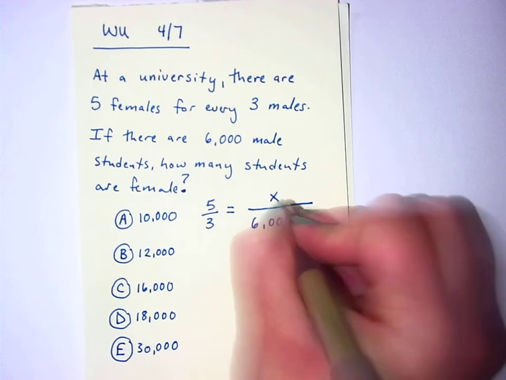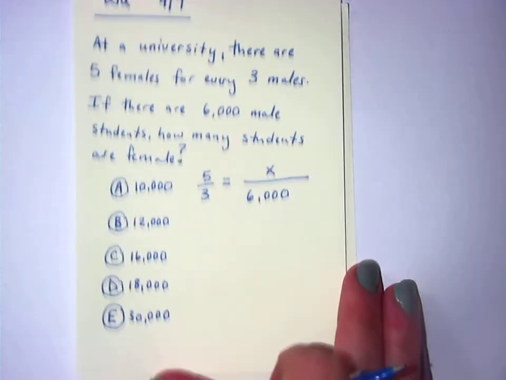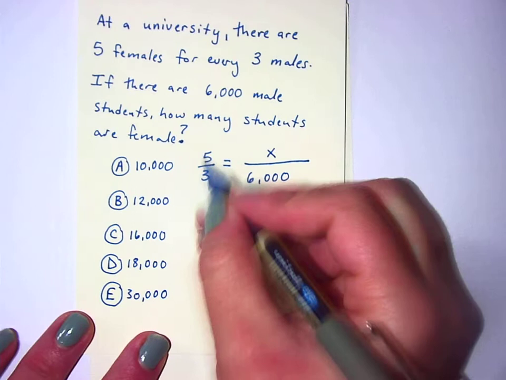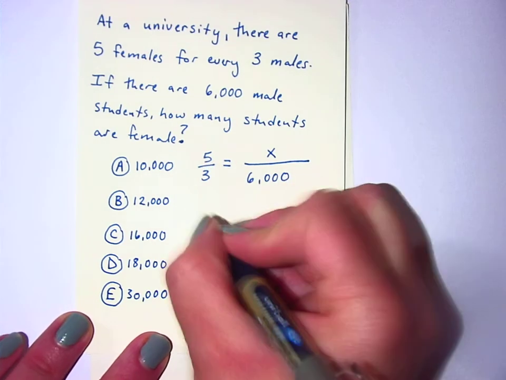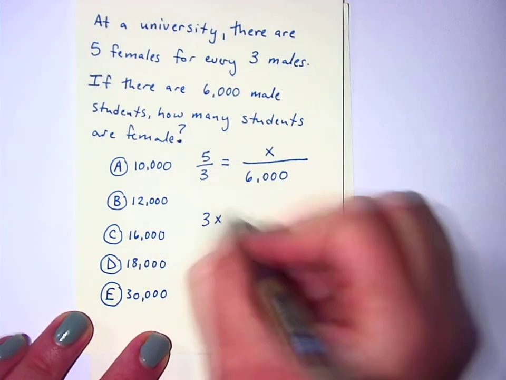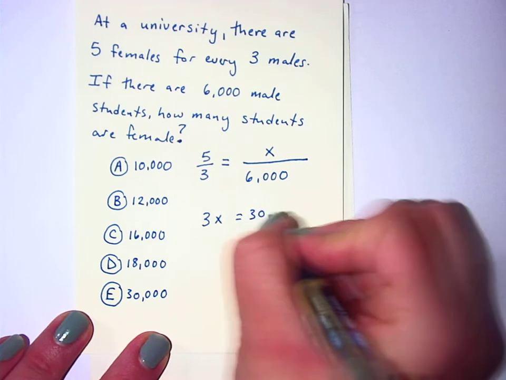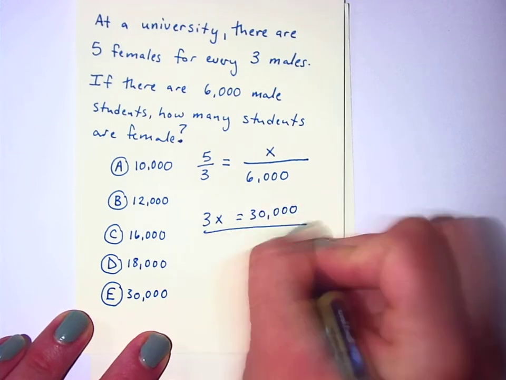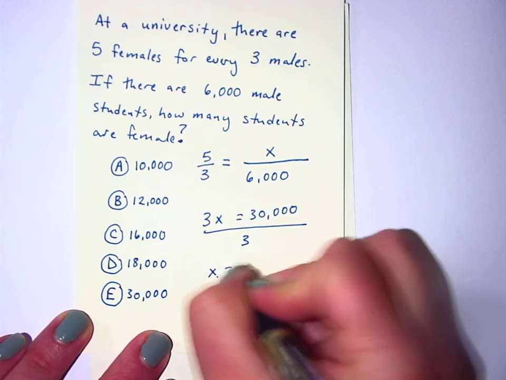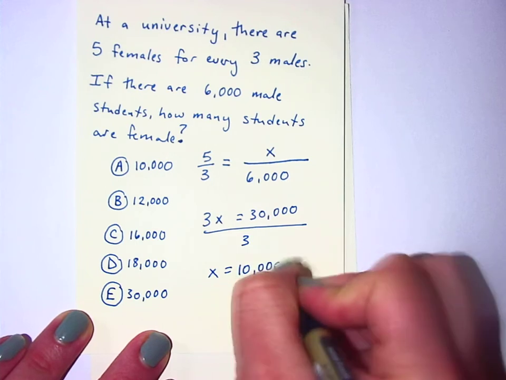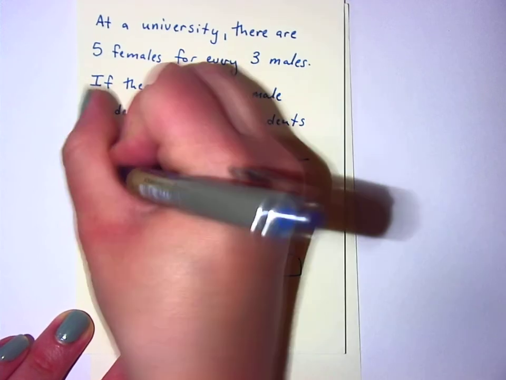And I don't know the female, so I'll put an X. To solve this equation, you've got to cross multiply. So 3 times X is 3X, and 5 times 6,000 is 30,000. Divide by 3 on both sides, and you get 10,000, which is A.